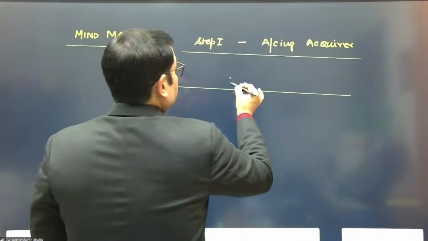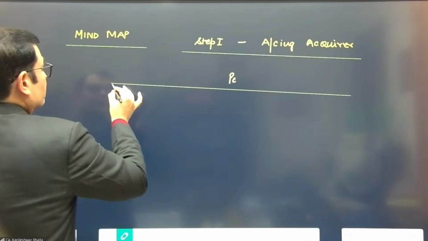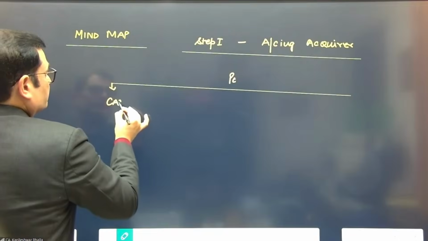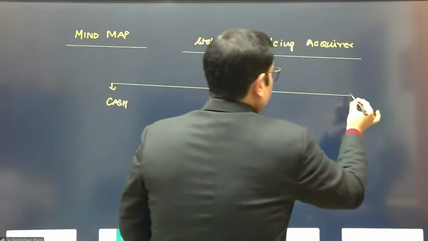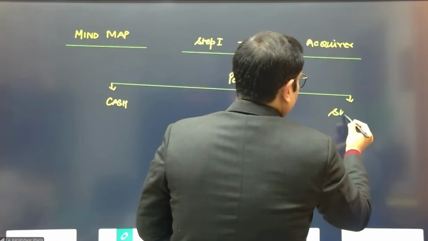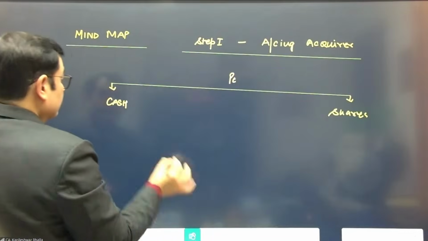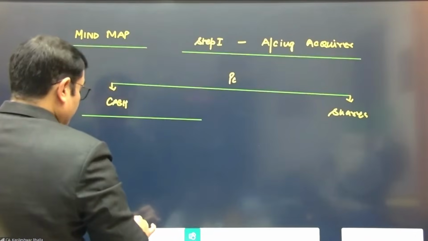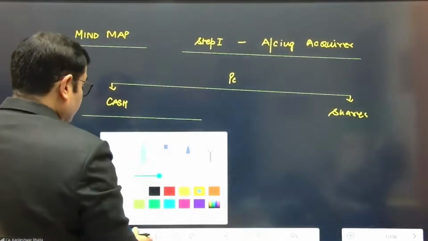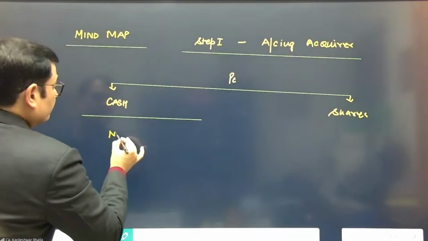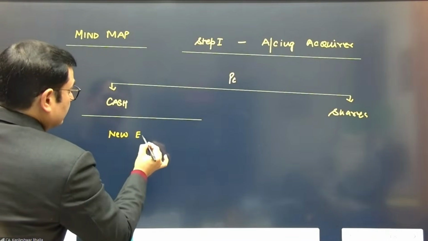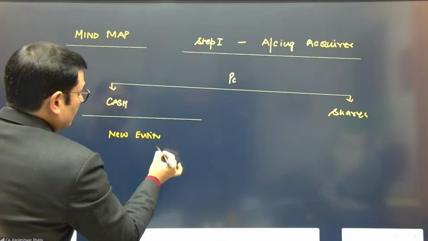Whether the purchase consideration is mainly in terms of cash, or mainly in the form of shares. So the crux of what we decided is that if the purchase consideration is in terms of cash, it does not make a difference whether a new entity is created or not.